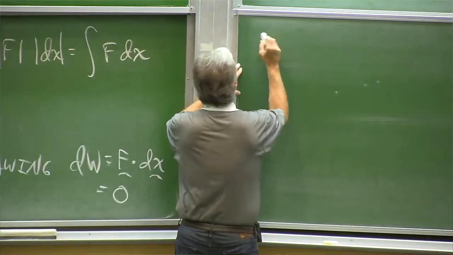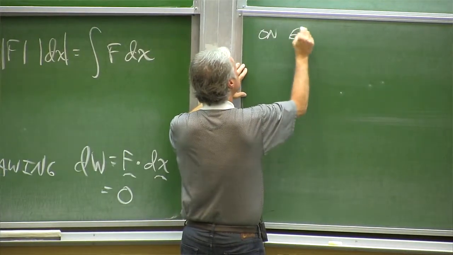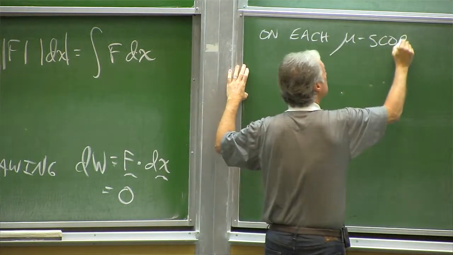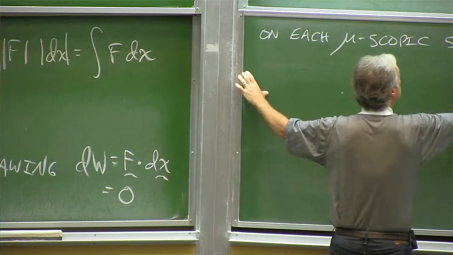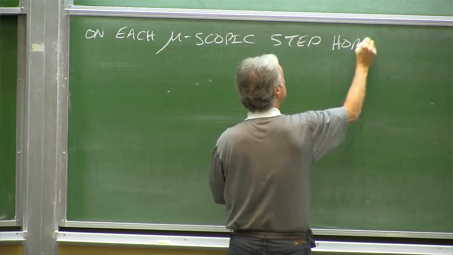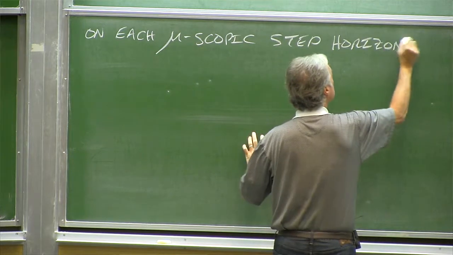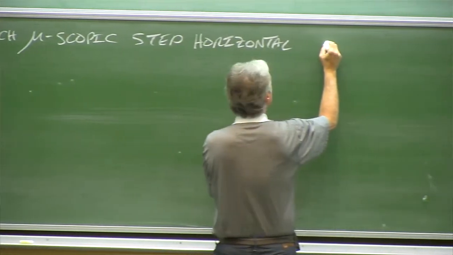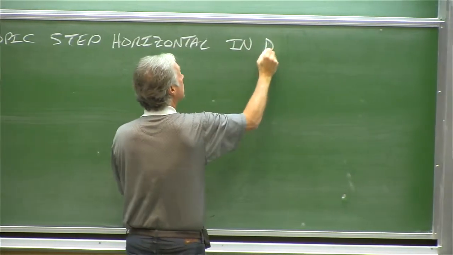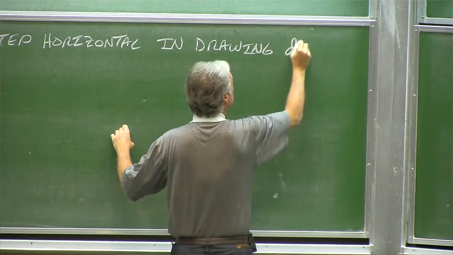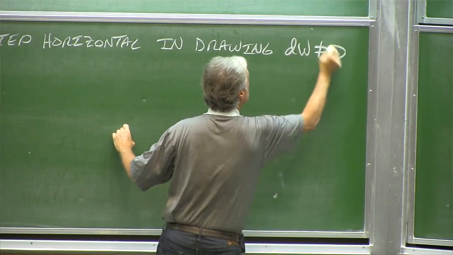On each microscopic step, which is horizontal in the drawing, right? Now we have dW is not 0.